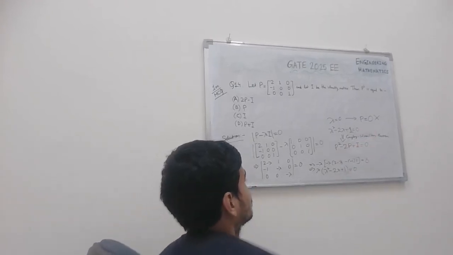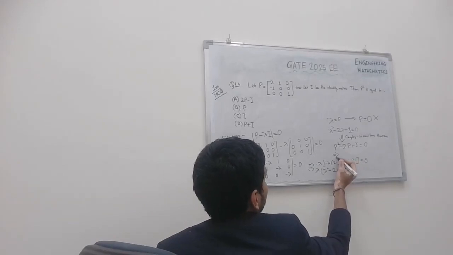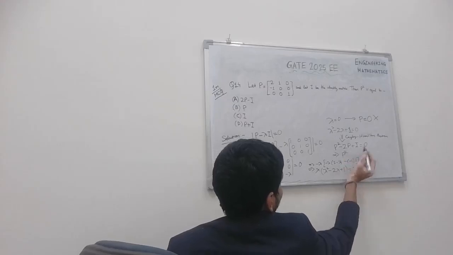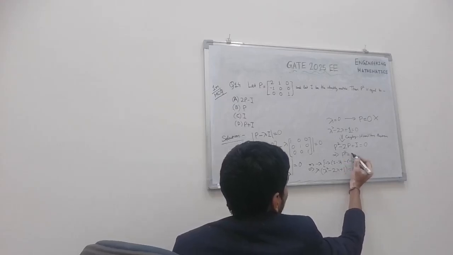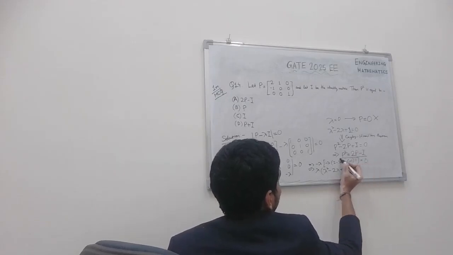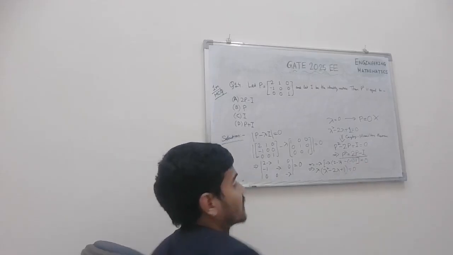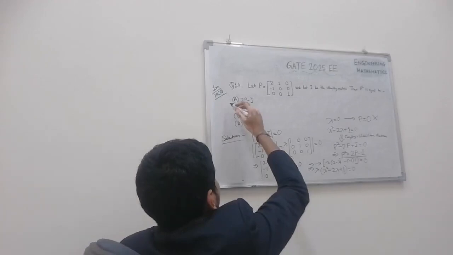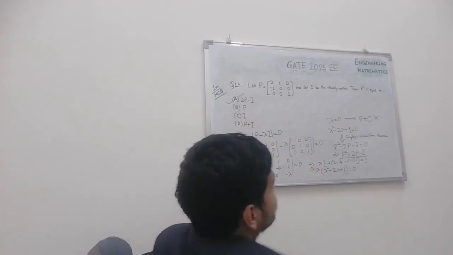Transposing, we get P square equal to 2P plus I, which is already given in option A. So the remaining options are not correct.